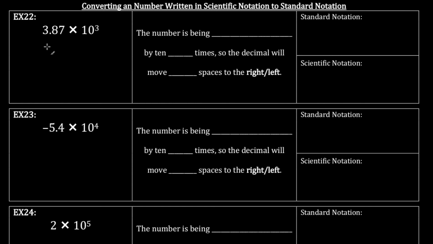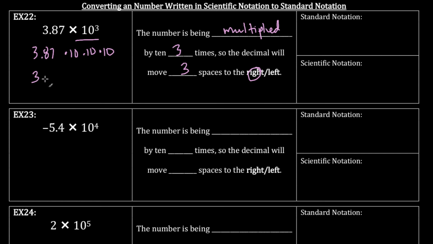Now remember, this really means 3 and 87/100 times 10 times 10 times 10 times 10. So this number is actually being multiplied by 10 3 times. So the decimal will move 3 spaces to the right.